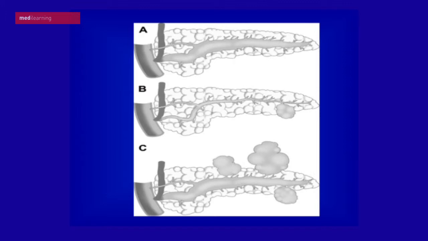And then we have what is called a mixed IPMT, which is where we have a dilatation in the main pancreatic duct and multiple dilatations of side branches. The two that cause the most concern are main duct IPMT and mixed IPMT. And for the purposes of trying to stratify the risk, we put mixed and main together. They act one and the same.